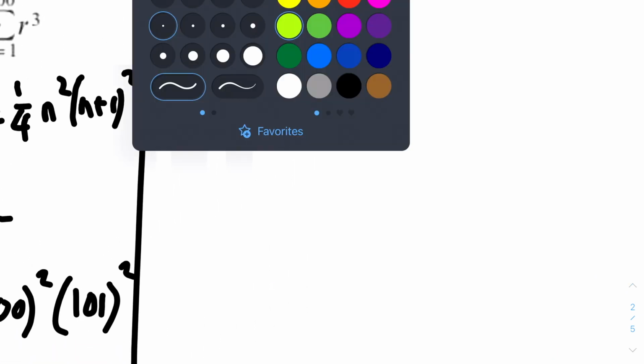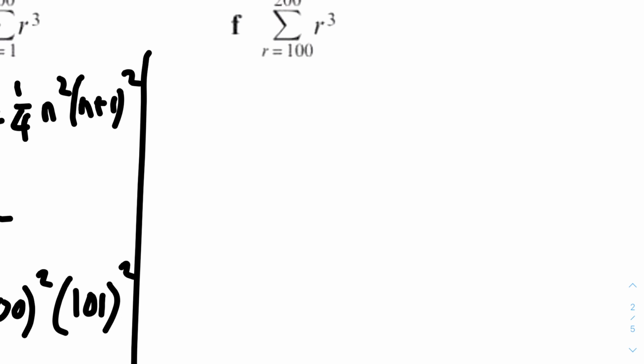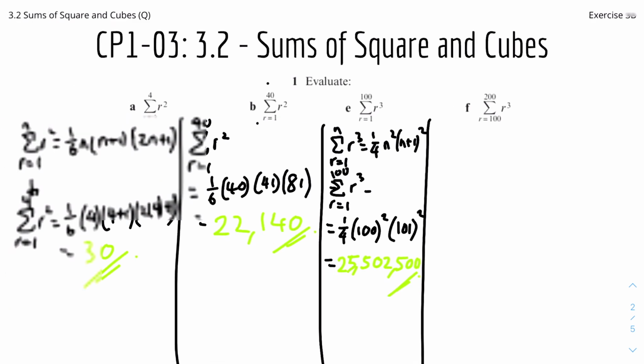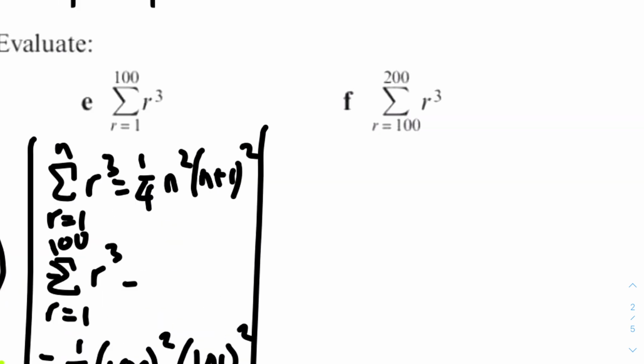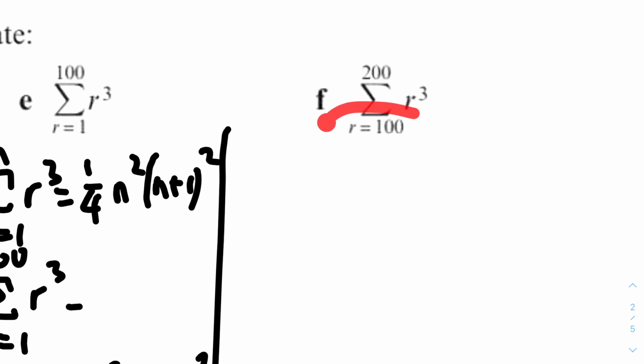And for the last part, the sum of r cubed from r equals 100 to r equals 200. So in this case, we have to split this into 2 different sums, because in all the previous sums, the lower limit is r equals 1, and the sum formulas work for when r equals 1 for the lower limit. Therefore, we have to split this into 2 sums, where the lower limit is 1.